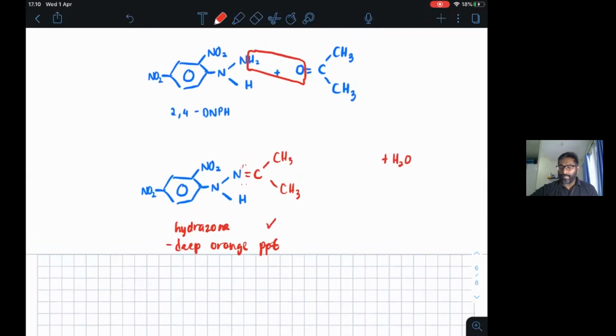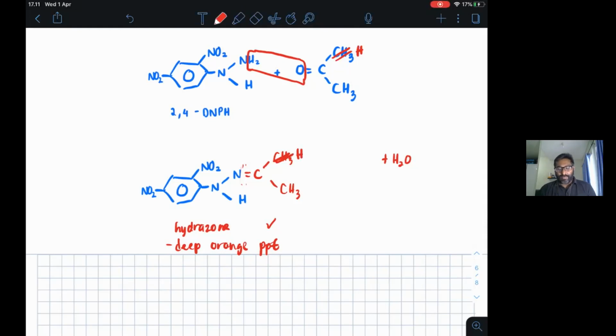So this is going to be the test for 2,4-DNPH. It is applicable for both aldehyde or ketone. So let's say if it is an aldehyde, you cancel this and put H, this is the aldehyde, ethanal. So the same thing, you just cancel this and put the H, that's it.